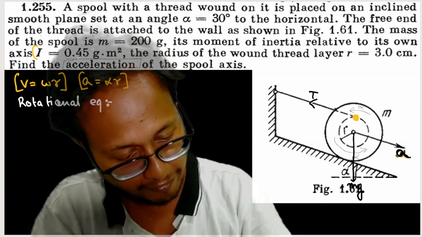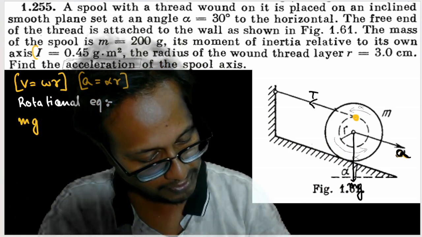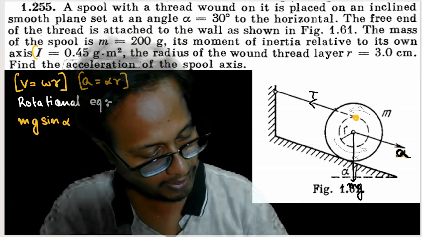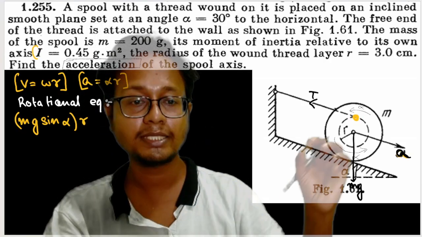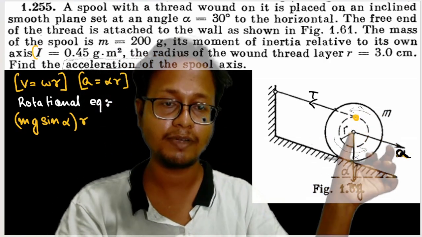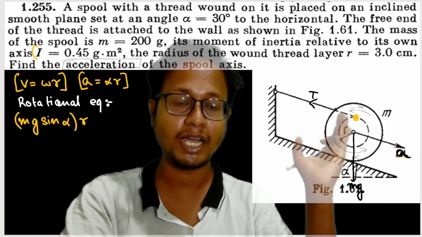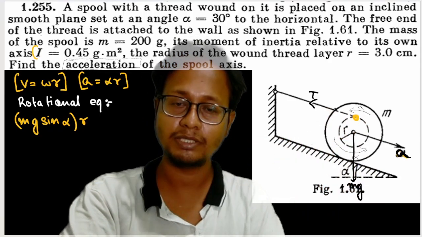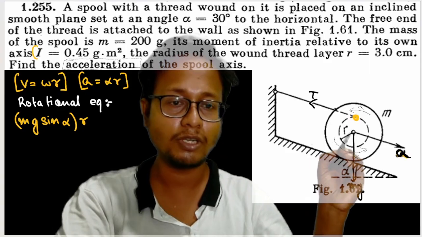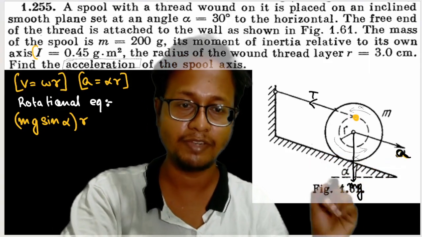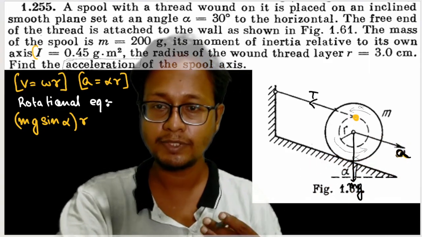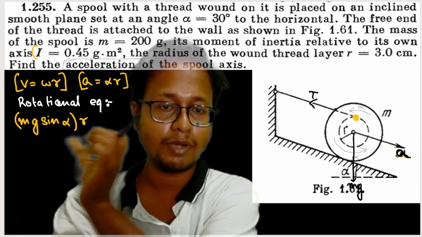So mg sin alpha into r. The torque due to mg cos alpha would be 0 because the angle between the r vector and mg cos alpha is 0. So torque is only caused due to this component of gravity force, mg sin alpha. So torque is nothing but mg sin alpha into r.